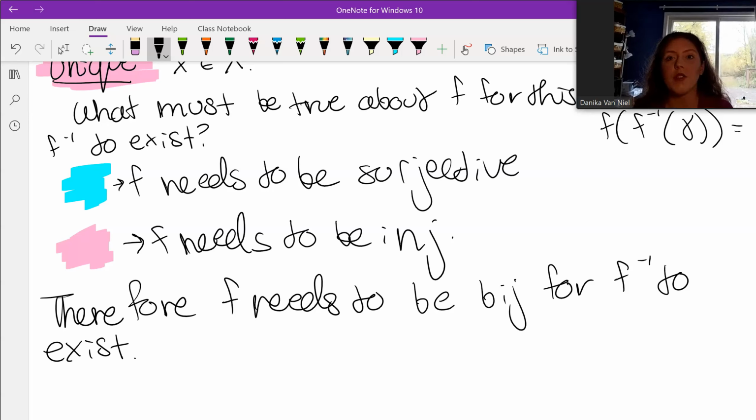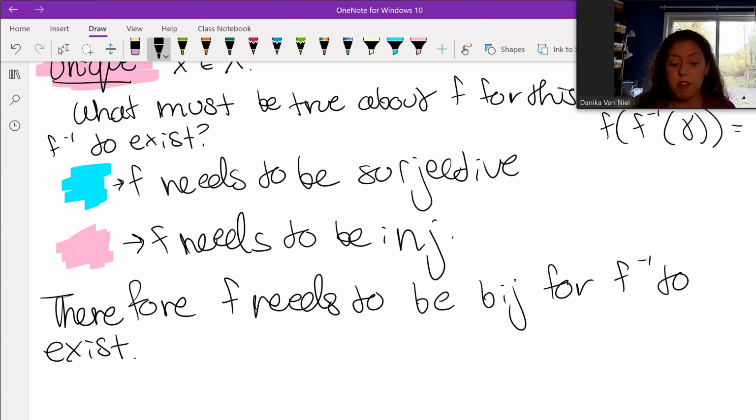So think about it. Maybe you don't really know how to show that f is bijective in our direct way of just showing that it's surjective and then it's injective. Well, if you can show that f has an f inverse that is a function, you have shown that it's injective and surjective, or else f inverse wouldn't be a function.